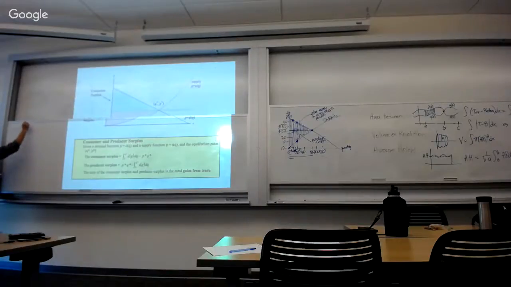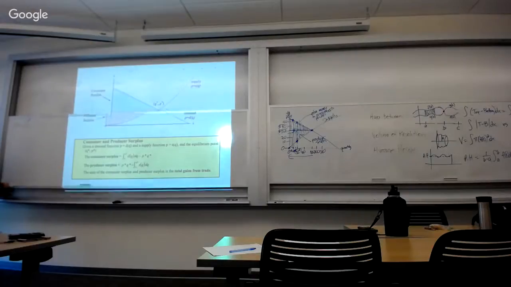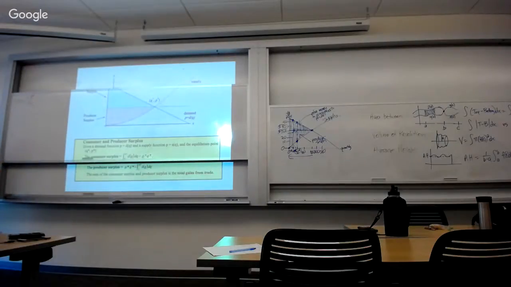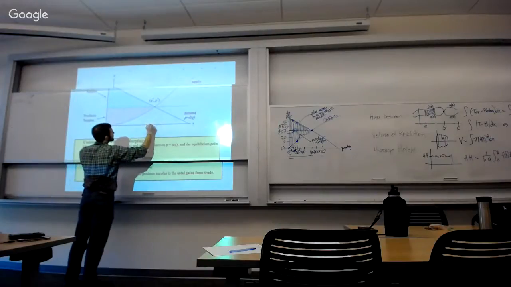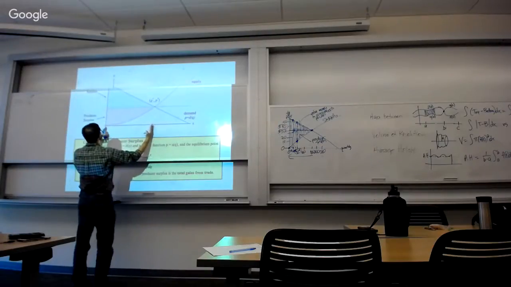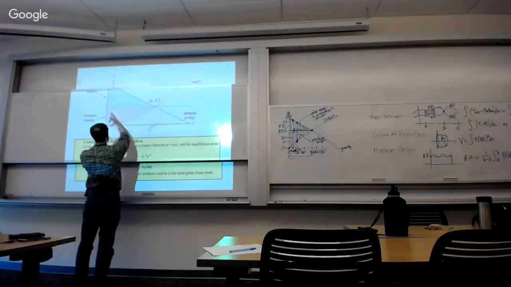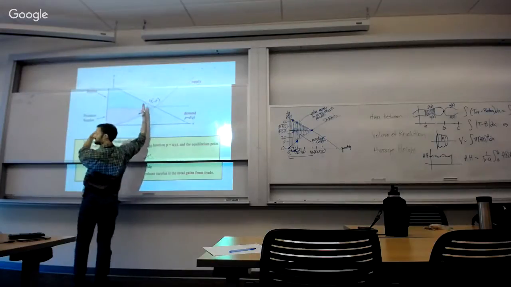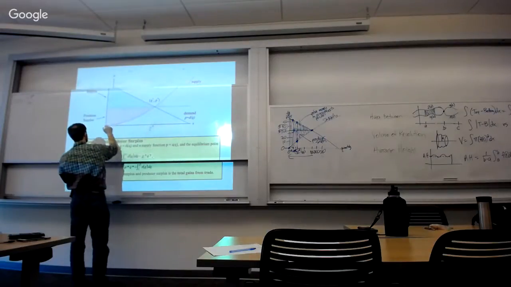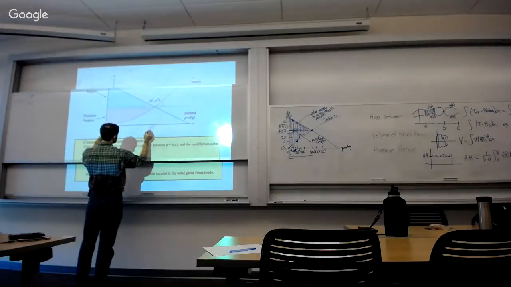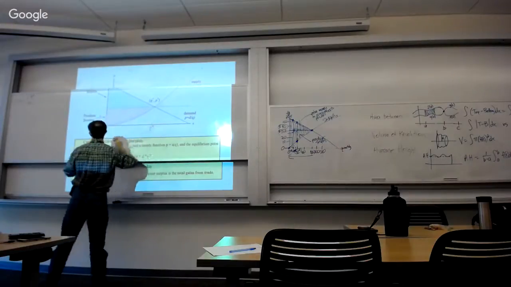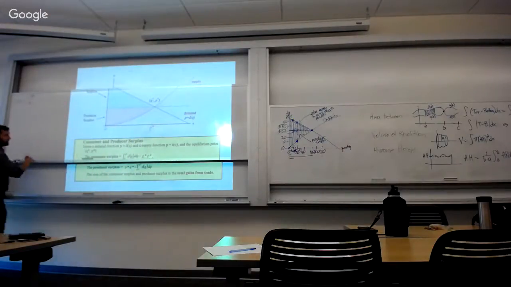Now, stop. Why does that make sense? Why is my integral going from 0 to Q star? Because that's where the consumer surplus is. No, that's where the area is. Okay, so that makes sense. We're doing our integral from zero products consumed or demanded up to Q star products demanded and supplied. So we're going from 0 to Q star.